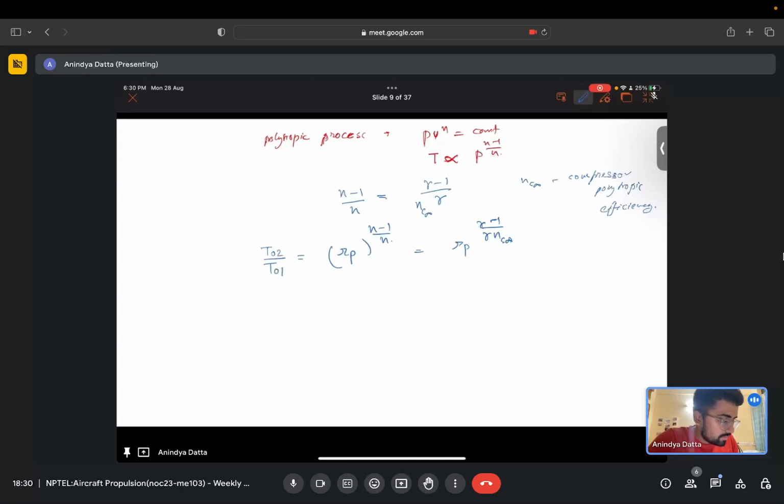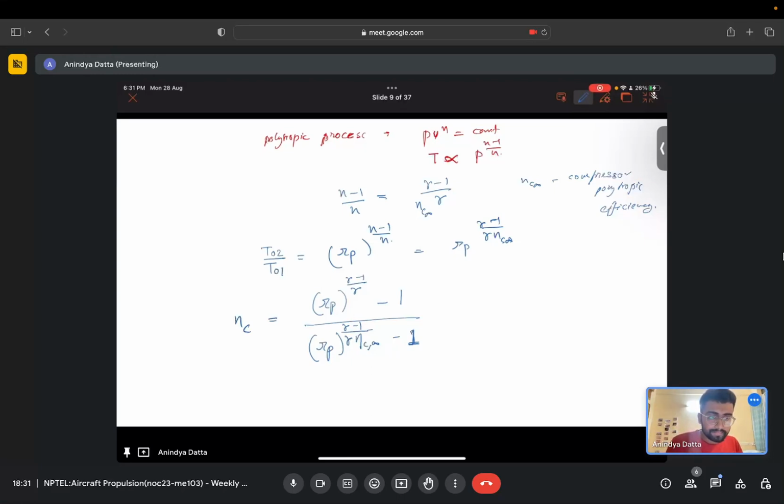Now if we replace this ratio T02 by T01 in the expression for compressor isentropic efficiency, we have Rp to the power gamma minus 1 by gamma, minus 1 in the numerator, and in the denominator we have Rp to the power gamma minus 1 by gamma eta c infinity, minus 1, right?